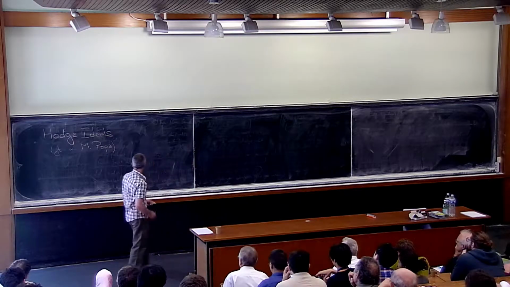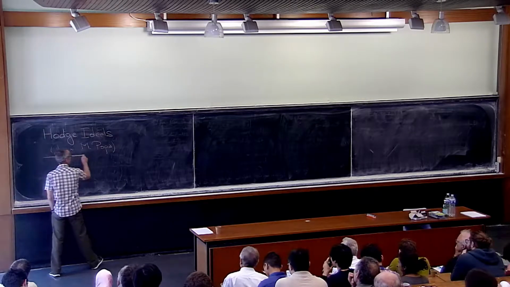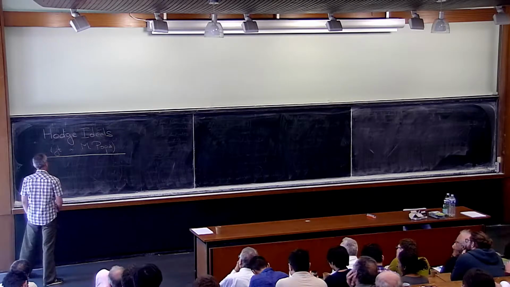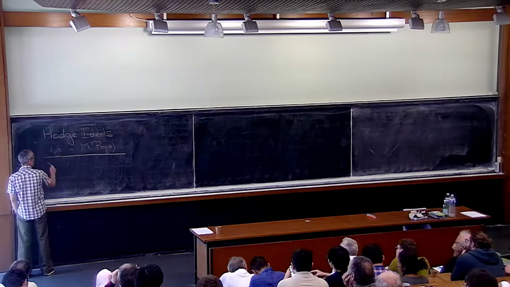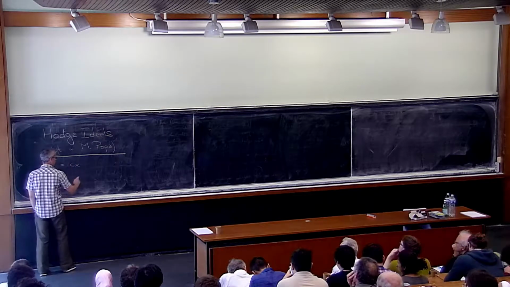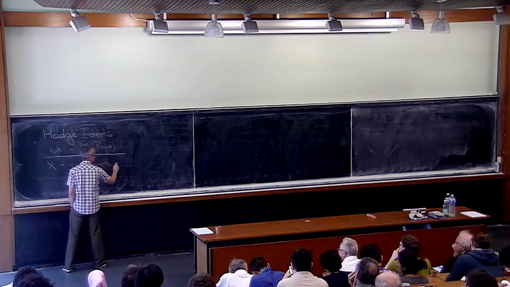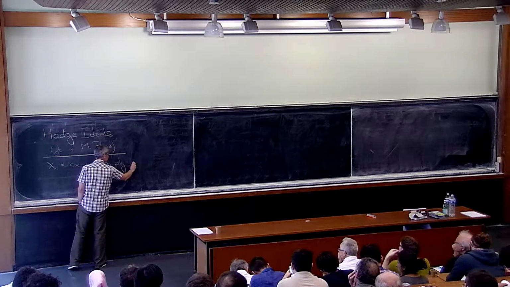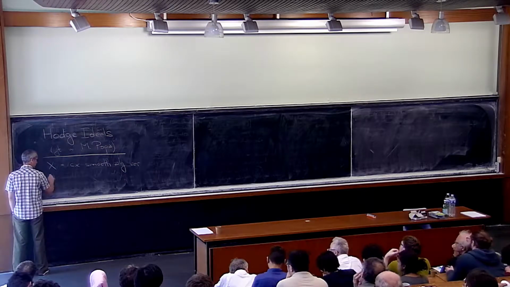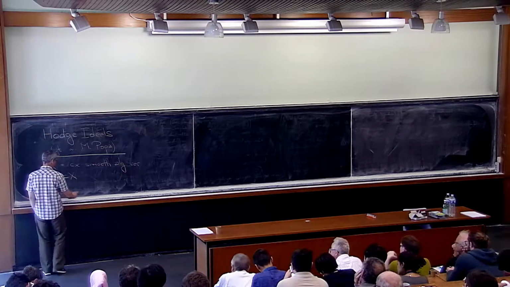Let me say a little bit about the setting. Everything that I'm going to talk about is part of a long-term project with Mihnea Popa. Today X will be a complex smooth algebraic variety, and I will focus on a hypersurface D inside X, which is always assumed to be reduced.